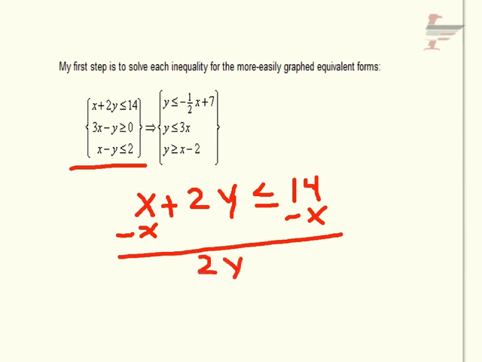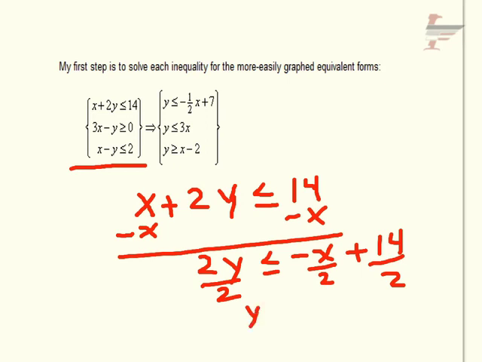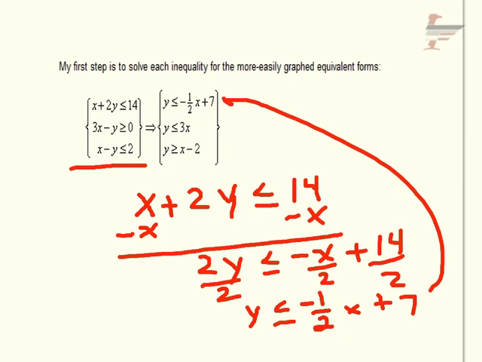We're going to get 2y is less than or equal to negative x plus 14, and then divide every single term by 2, and we get y is less than or equal to negative 1/2 x plus 7. So that is just changing the form from standard form to slope-intercept of each one of these inequalities.